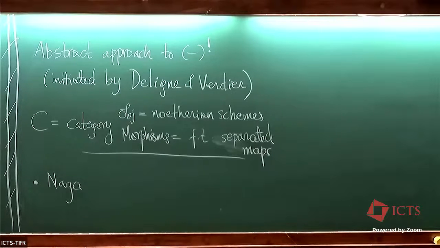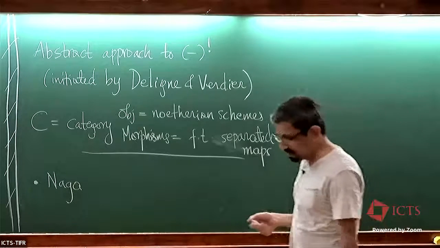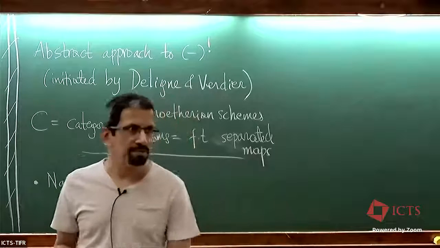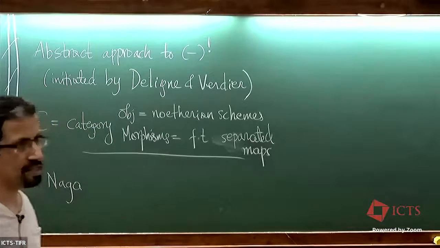So you have to do local pasting: construct a dualizing complex on an open cover, then glue them, and you have to have a coherent theory of dualizing complexes. So it doesn't quite simplify. Even if you work over a field, it still remains quite complicated. No, characteristic does not play a role.